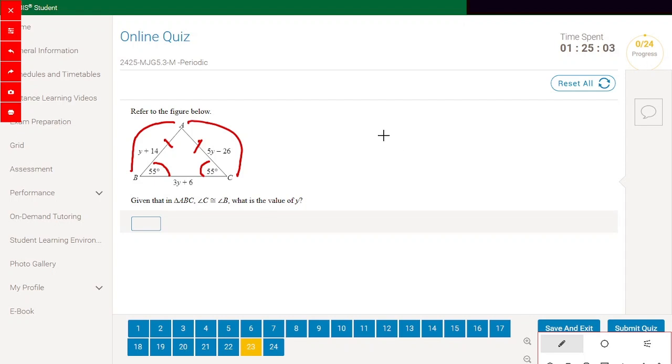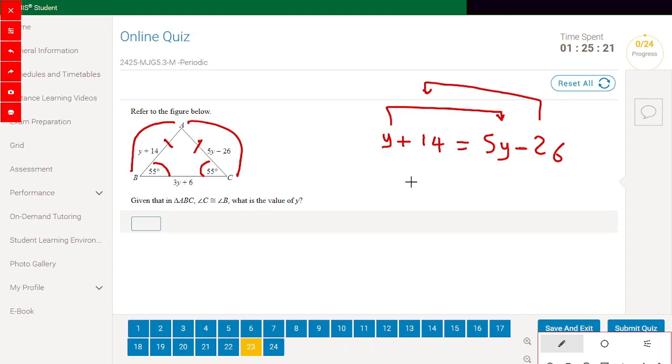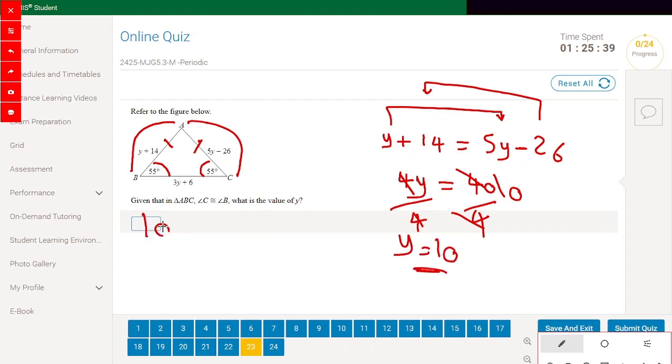So here we can say that y plus 14 would be equal to 5y minus 26. Now move y here with minus y, and 26 to the other side, so 4y will be equal to 40. So divide by 4, divide by 4. So y will be equal to 10. So the answer here is 10.